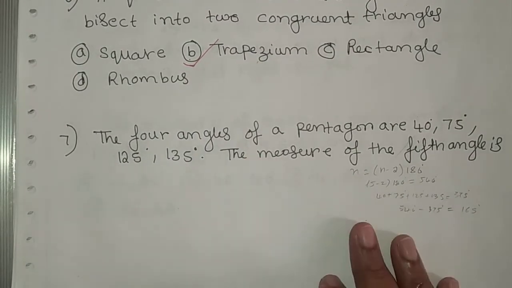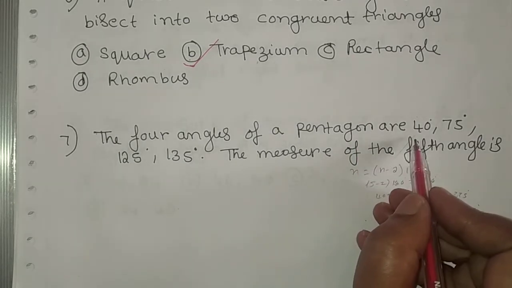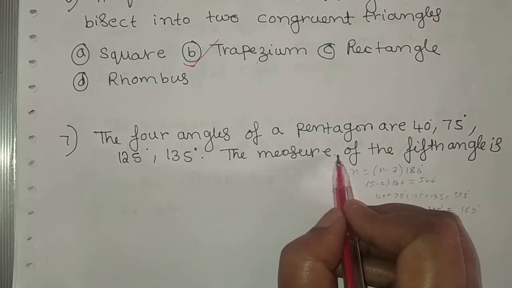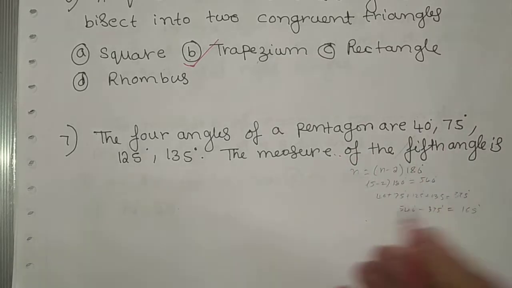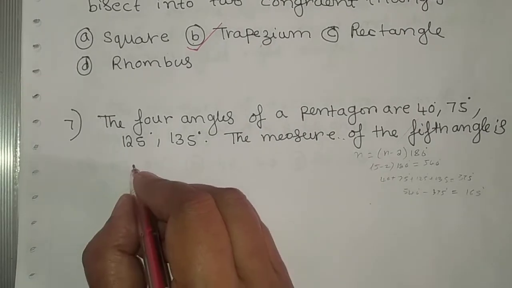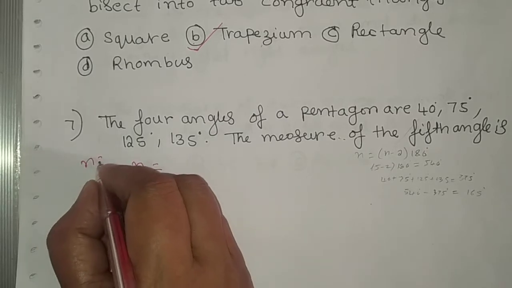So next one, the seventh is, the four angles of a pentagon are 40 degrees, 75 degrees, 125 degrees, 135 degrees. The measure of the fifth angle is. So now first, pentagon means we have to take n is equal to 5.